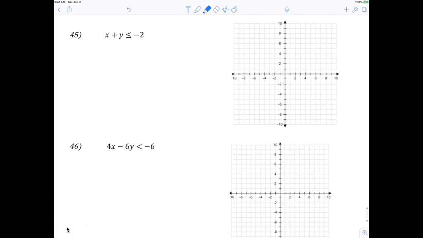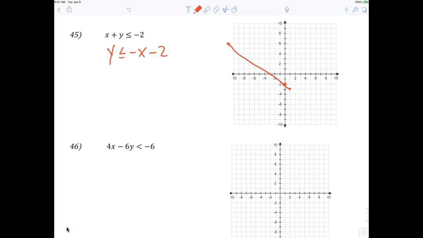45, move the x. So y is less than or equal to negative x minus 2. What do I need to do? Go down 2, plot a point. From there, you go down 1, right 1. And then what type of line?